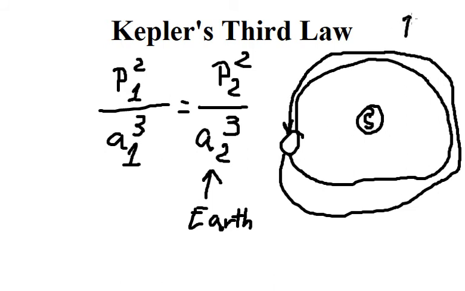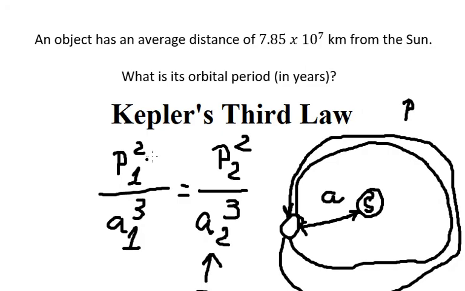That is B, the orbital period. The next one, A, is the distance between the Sun and the planet. So in the question, they want to find the orbital period.